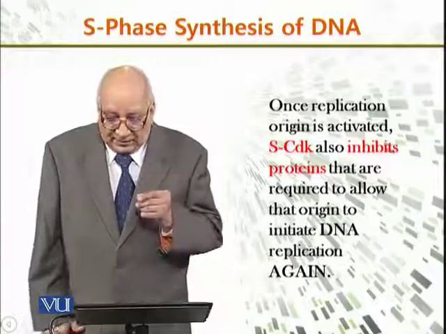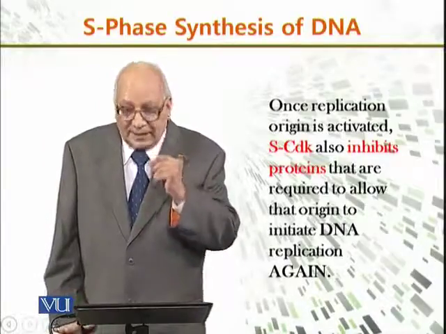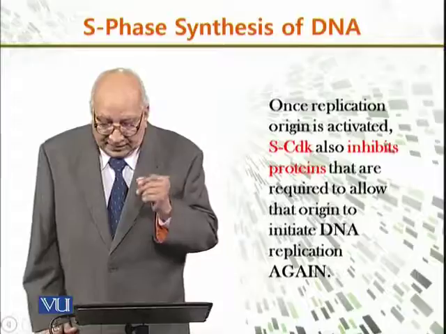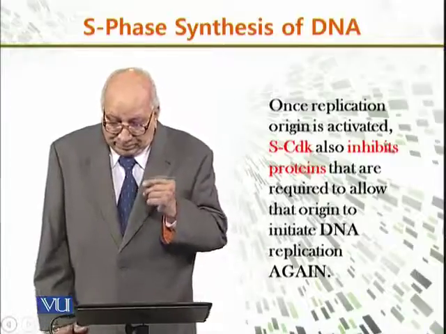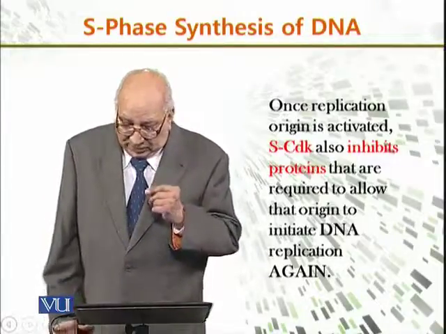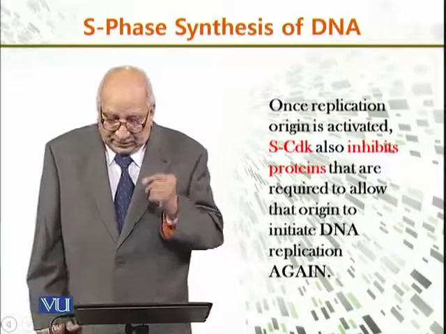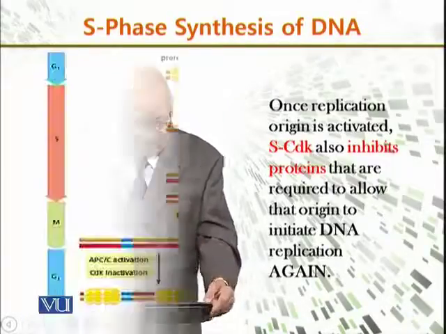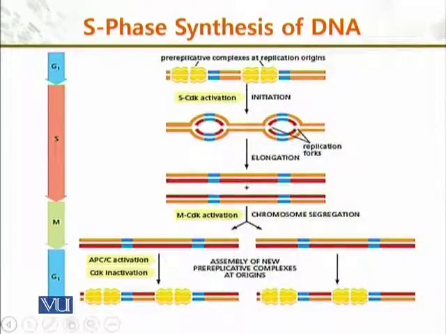Remember, once a replication origin is activated, S-CDK also inhibits the proteins that are required to allow that origin to initiate DNA replication again, as is shown in this cartoon.